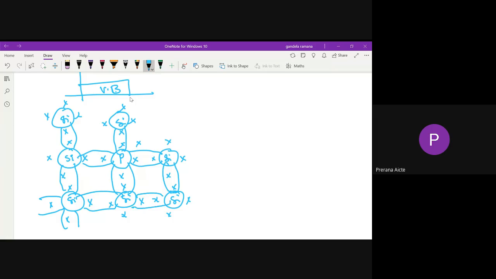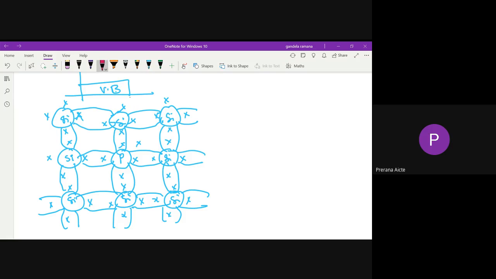So what we have to observe here, only this electron will be there.